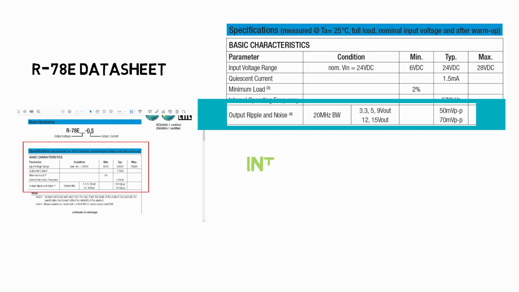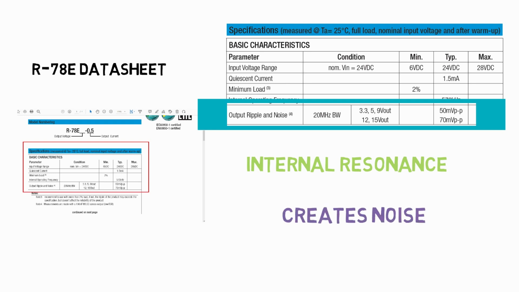Due to the internal resonance properties of the internal components of such a device, a small fluctuating voltage is produced that creates noise in our circuits. While this may be fine for some circuits, others are sensitive to the noise produced and thus prefer the use of a linear power supply device.